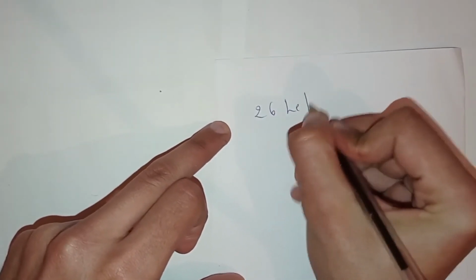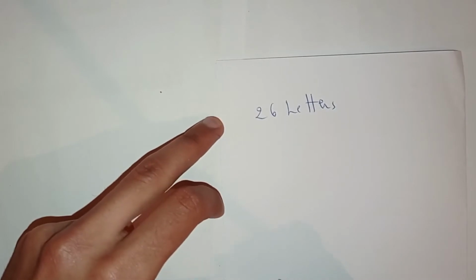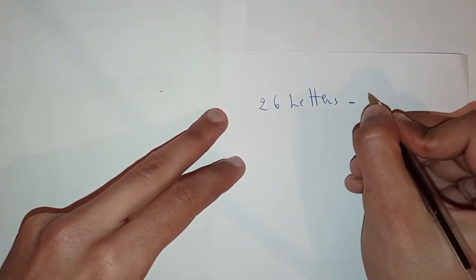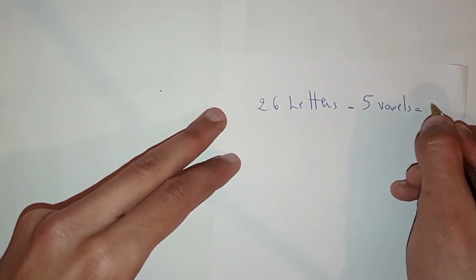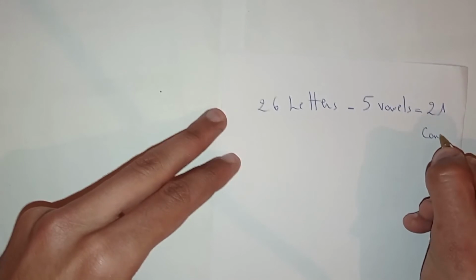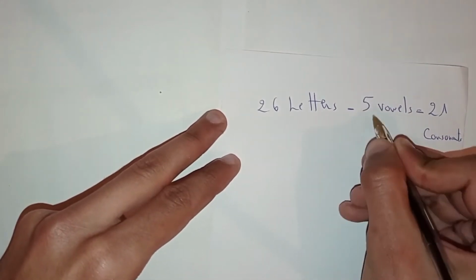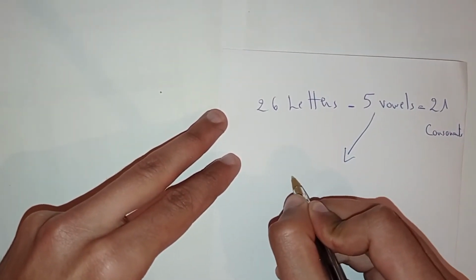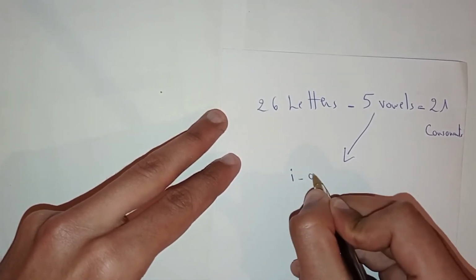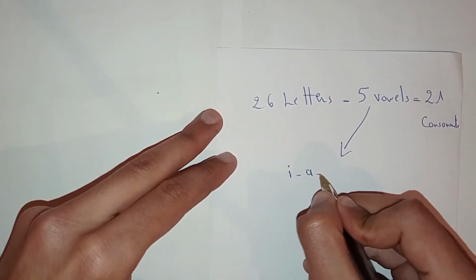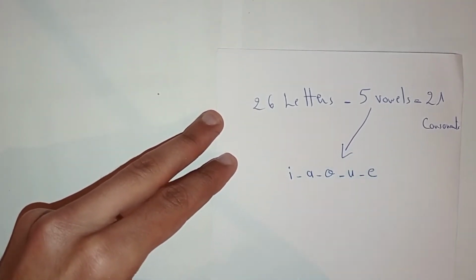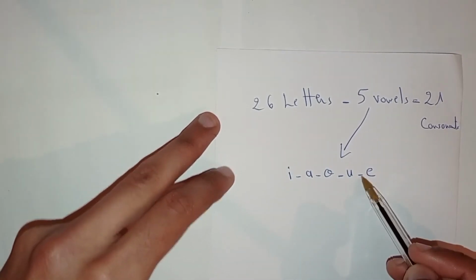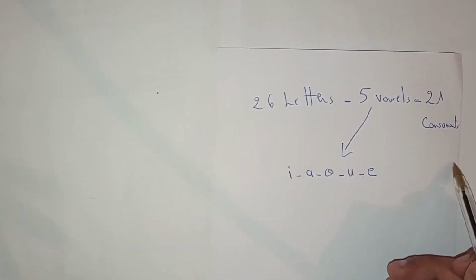The English alphabet, we have 26 letters, minus 5 vowels equals 21 consonants. The vowels we have in English are I, A, O, U, E. So we have 5 vowels and 21 consonants.